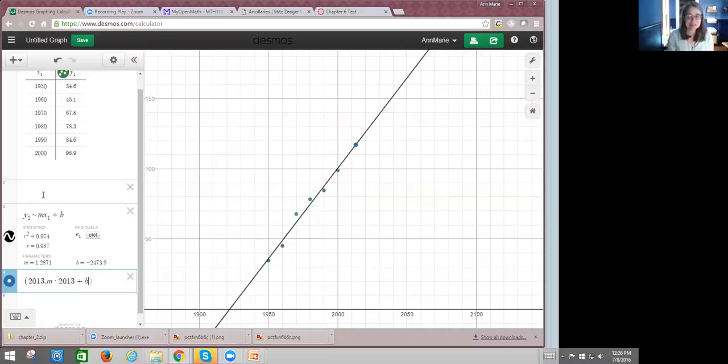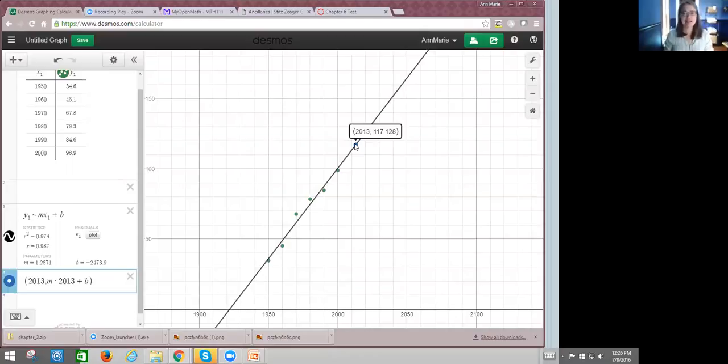Notice I typed that expression right in the coordinate point. If I want to see what that number is, you can click on it. And Desmos tells me it's 117.128 quadrillion BTUs. Our growing population and our growing reliance on electronics are costing us.